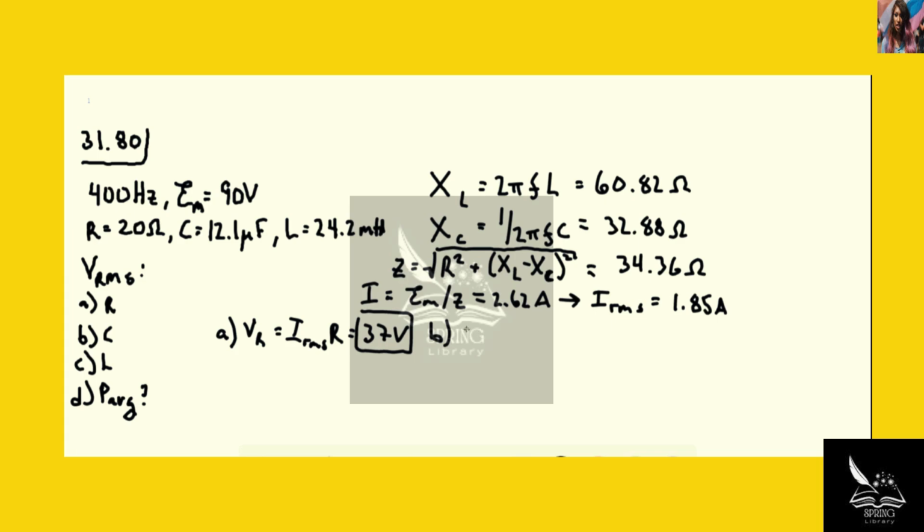For the capacitor, it'll be the RMS current times its reactance, which will give us 60.9 volts. And for the inductor, same story: I RMS times the inductive reactance. And that gives us 113 volts.